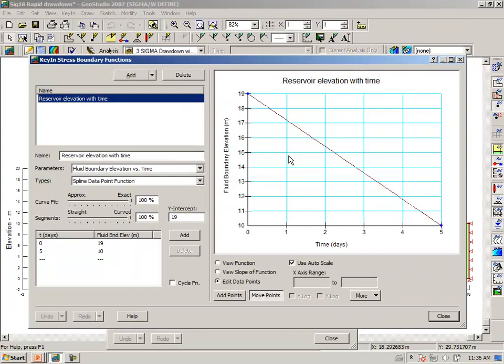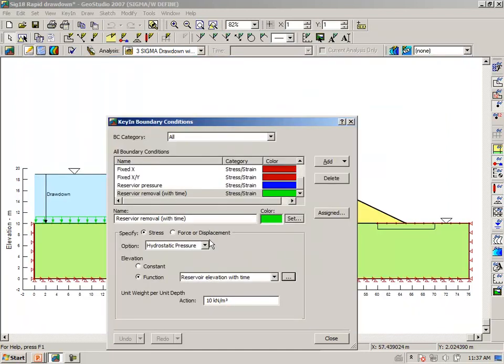The function is this function here, where we have the full supply level at time 0, and in 5 days we have drawn the reservoir down to elevation 10. So we are drawing the elevation down over time. That is a stress-strain boundary condition, and as I've already noted, the change in the elevation of the reservoir results in a force that represents the removal of the weight of the reservoir.